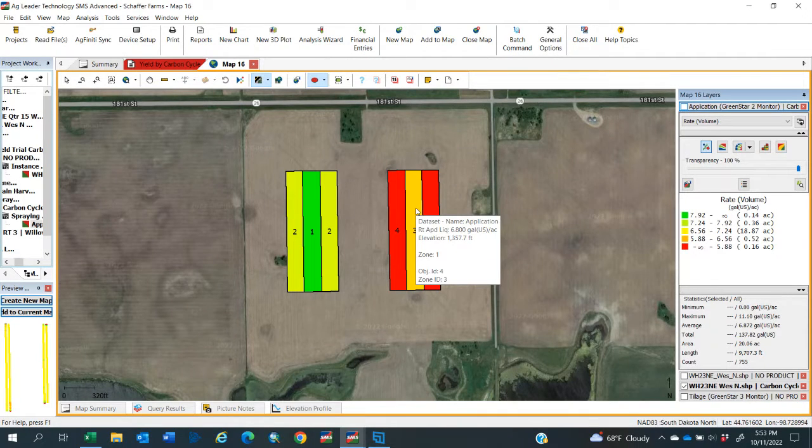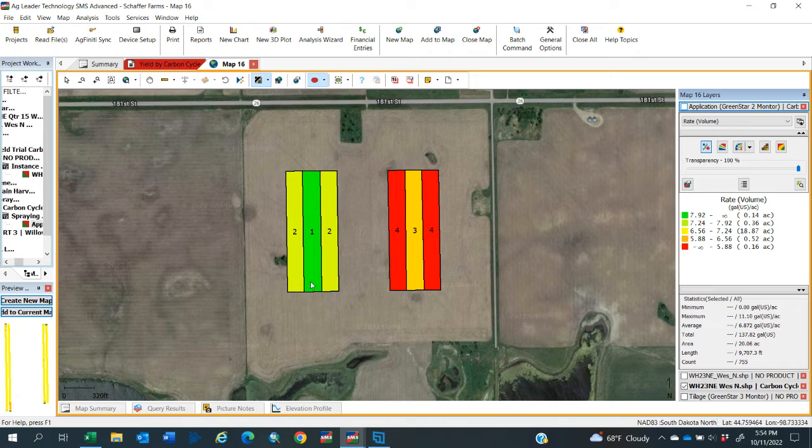And then instead of comparing where the carbon cycle was to the entire rest of the field, I wanted to focus just on either side, which has management practices that are way more similar and soil types that respond similarly to their management. So this is what I came up with.